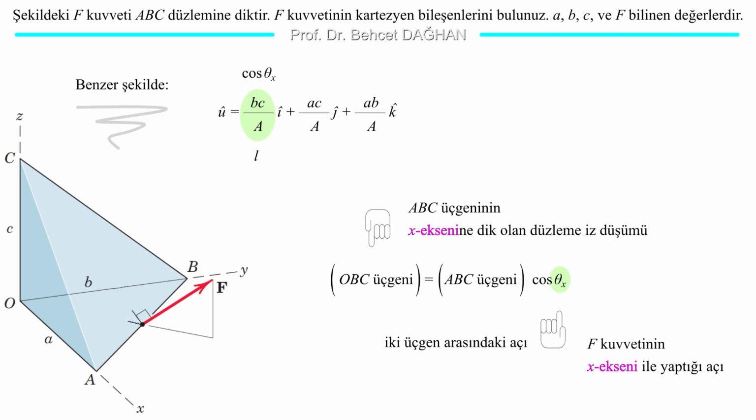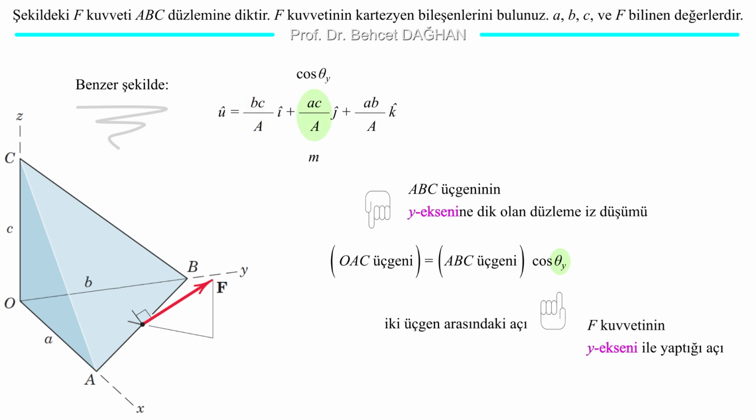Similarly, triangle OBC is the projection of triangle ABC onto the plane perpendicular to the x-axis. The angle between them is equal to theta x, the angle that the force F makes with the x-axis. Again, similarly, triangle OAC is the projection of triangle ABC onto the plane perpendicular to the y-axis. The angle between them is theta y, the angle that the force F makes with the y-axis.